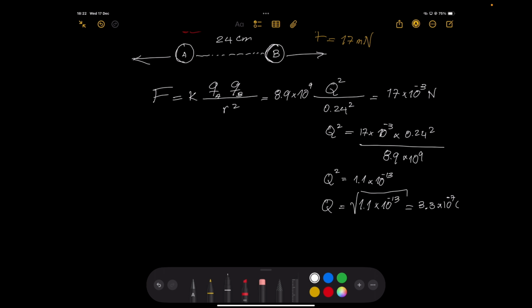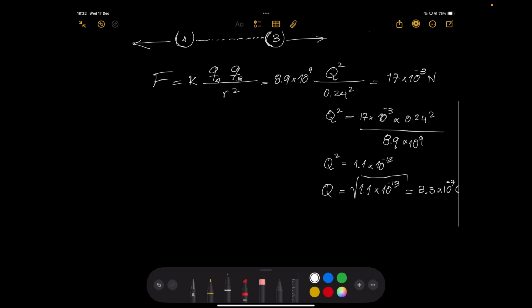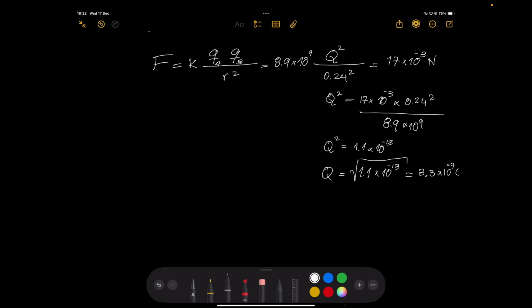But the question is, how many electrons are needed to have this amount of charge? We know that one electron has 1.6 times 10 to the minus 19 coulombs.